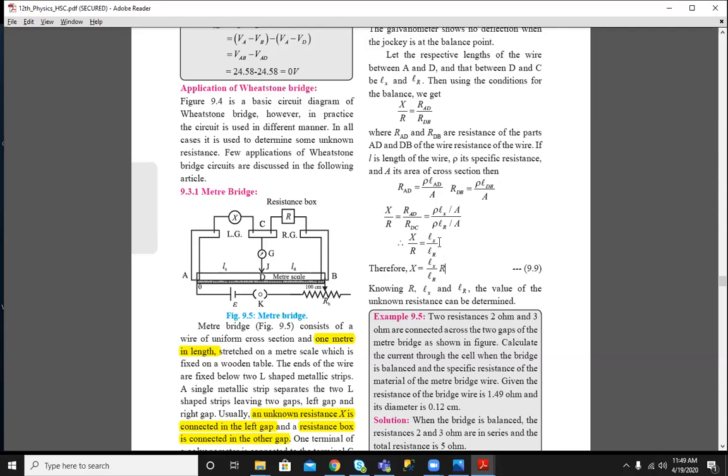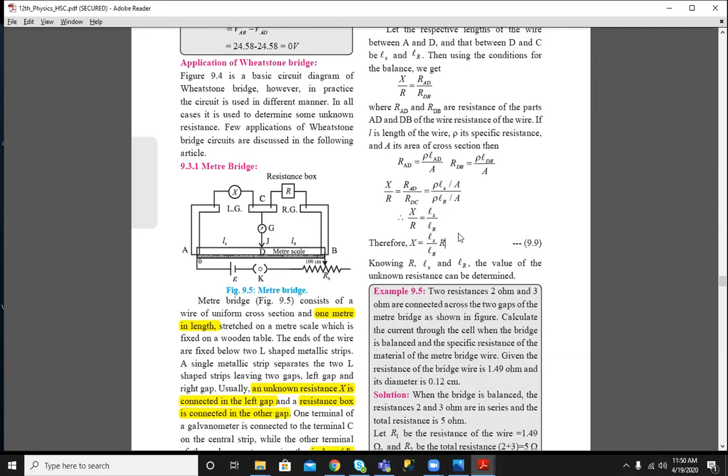As it is a ratio, it is not necessary to take SI units, because the ratio of units of the same quantity is always the same. By knowing this equation we can determine the unknown resistance of a body placed in the left gap. Always remember, in a meter bridge, the unknown resistance is kept in the left gap and the known resistance is kept in the right gap.